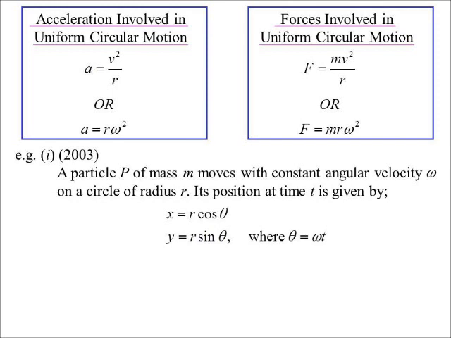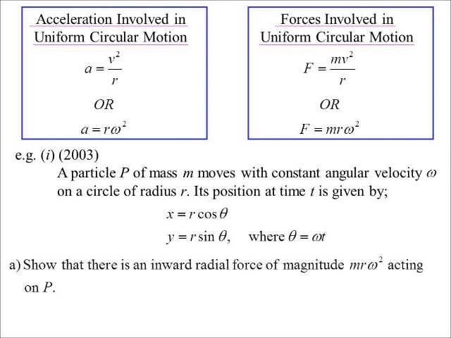And theta is omega times t, so the angle would be omega times t. Show that there is an inward radial force, or they like using fancy words, of magnitude mr omega squared acting on the particle.